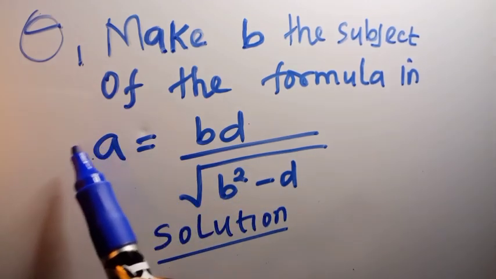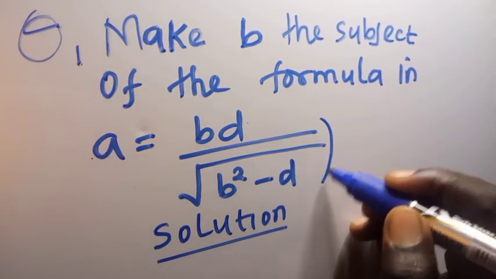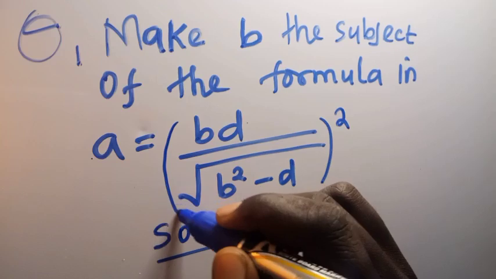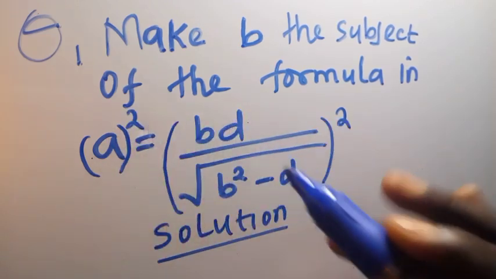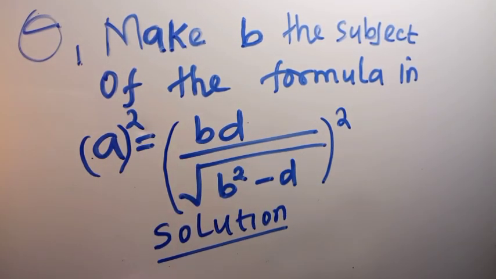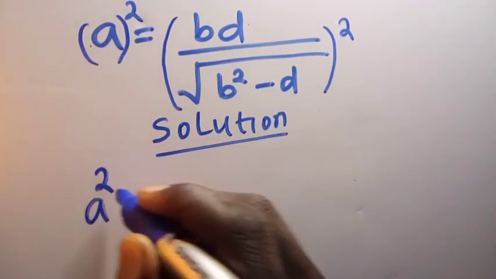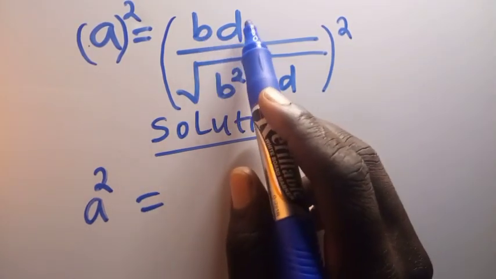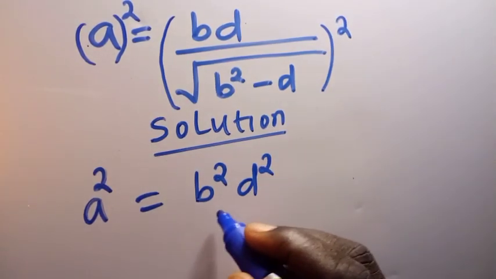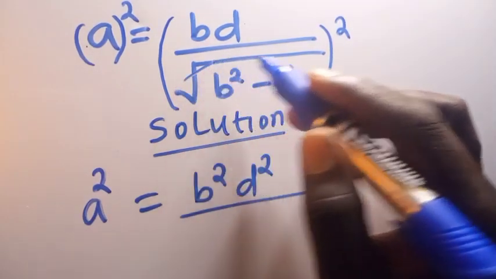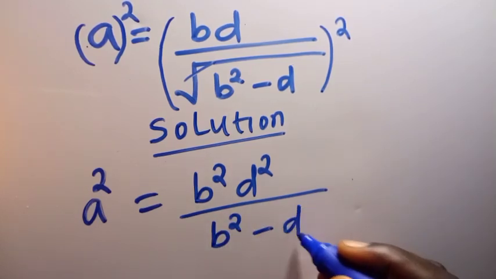We square everything on our right hand side, and also square everything on our left hand side, so that we have A squared equals BD in bracket squared, which will be B squared D squared, all over the square root sign goes with the square, and therefore we shall have B squared minus D.